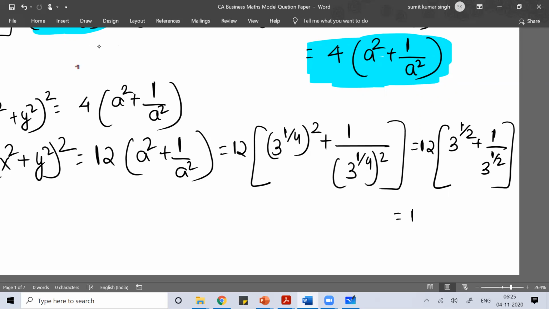You can write this in another way. This is 12 into root 3 plus 1 by root 3. This is 12 into 3 plus 1 by root 3, so 12 into 4 by root 3.